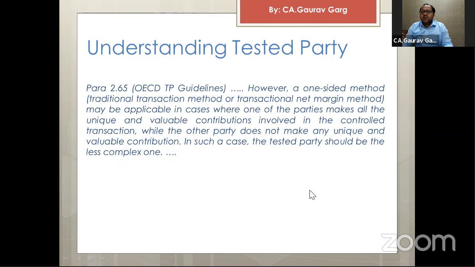In such a case, the tested party should be the less complex one. Very simple. So out of two, which one is making less contribution? Which one is not contributing unique or valuable intangibles to the transaction? That party becomes your tested party.